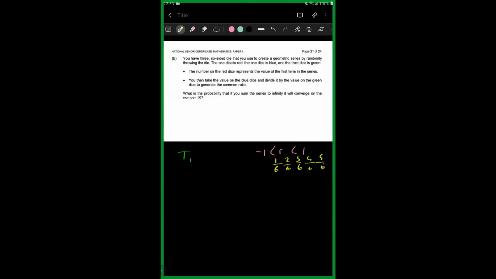Right? It can only be one of these numbers, but obviously it can also be something like 1/2, 1/3, 1/4. So r can be a lot of numbers, but r just has to be a number between -1 and 1.